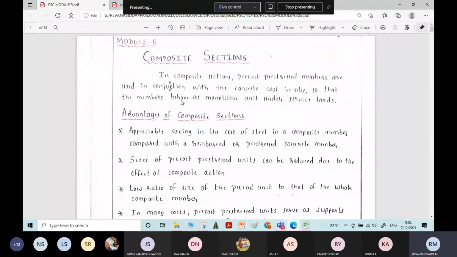The title of the module is Composite Sections. Module number 4 has been completed with problem number 3. Module 5, composite sections.